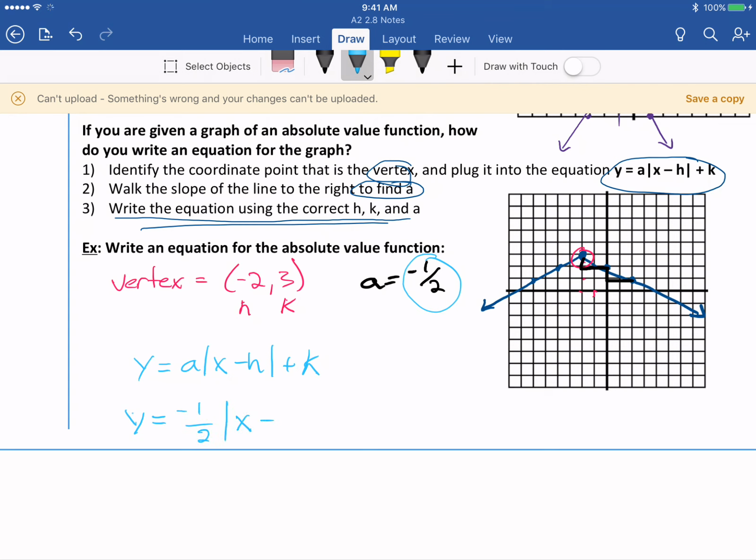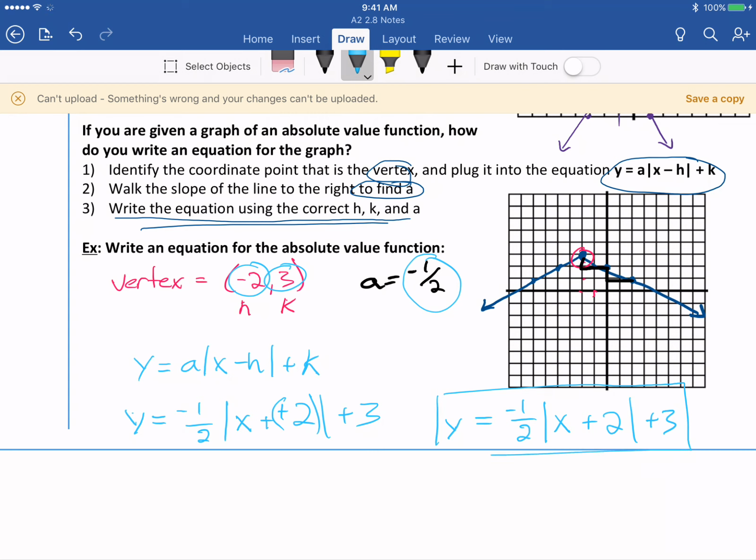Absolute value of x minus, my h is -2, and then I have plus my k value, and my k value is 3. So if you wanted to, you could put these in parentheses, or you could say plus. So my final answer is going to be y equals -1/2 absolute value of x plus 2, plus 3.